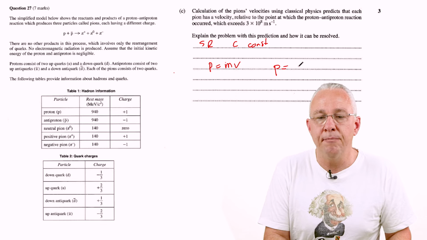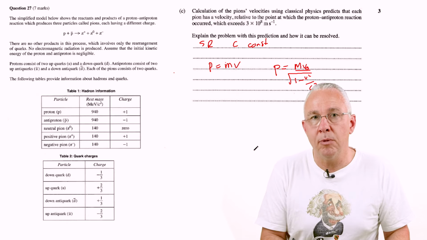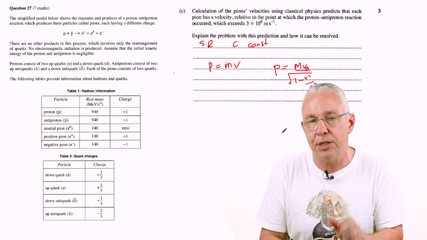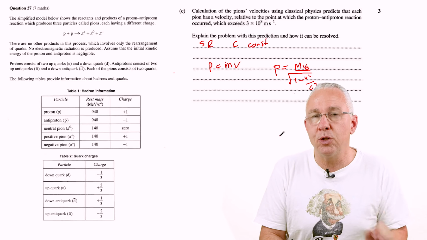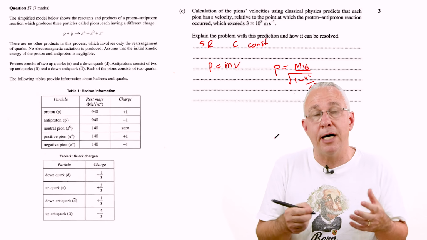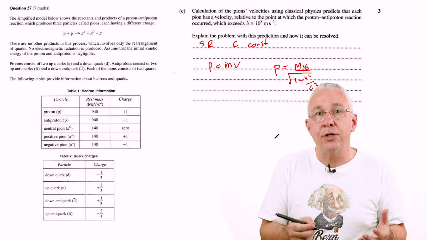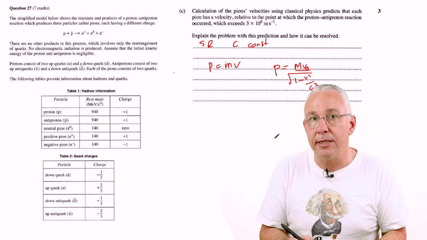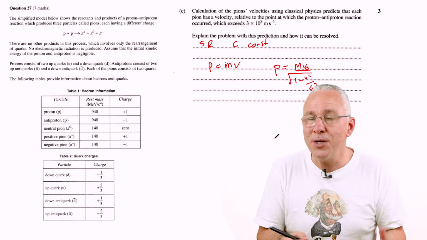That is, P is equal to mv, where v here is the velocity at which it's going, divided by the square root of 1 minus v squared over c squared. So the momentum will dilate. That is, the momentum will approach infinity as it approaches the speed of light, but the velocity will still be under the speed of light. So using the correct understanding of momentum and therefore understanding of energy, we can actually determine the velocity of the pions to be less than the speed of light, because we are accounting for special relativity.